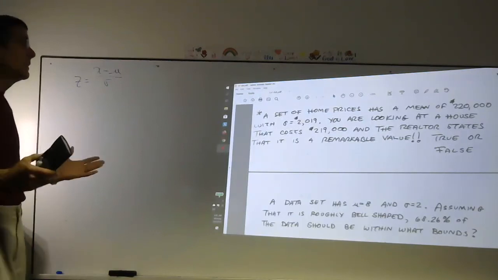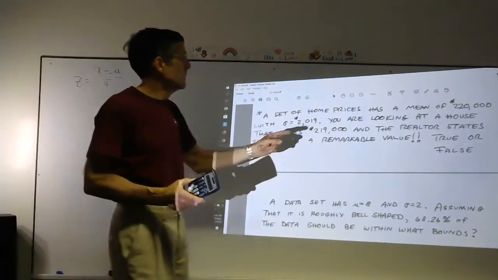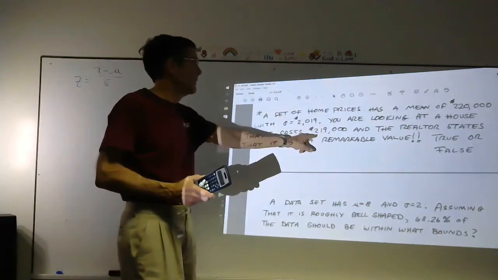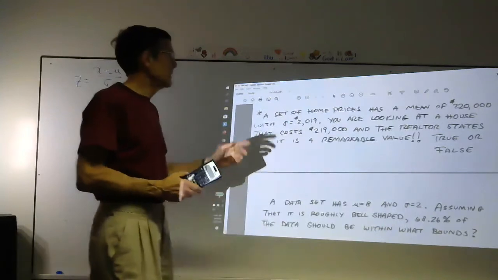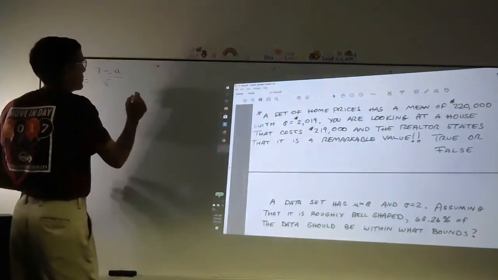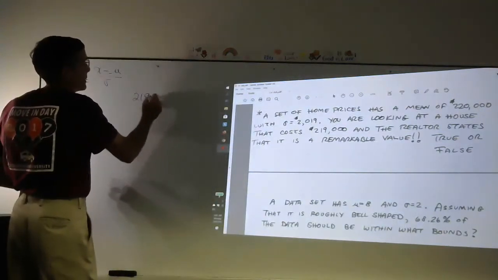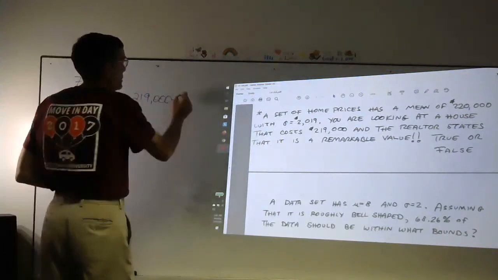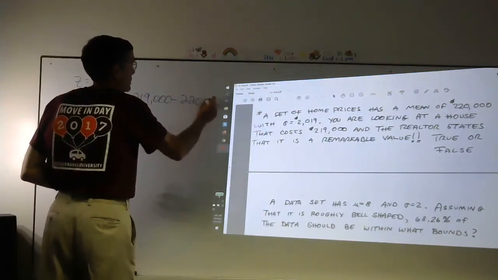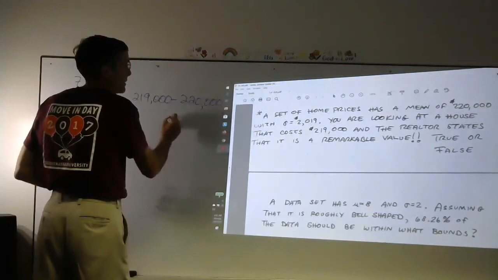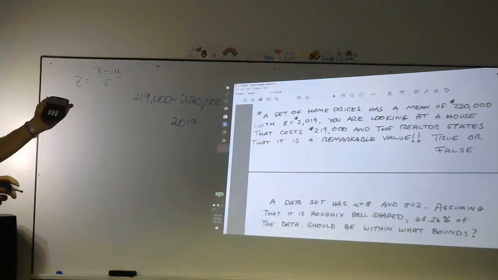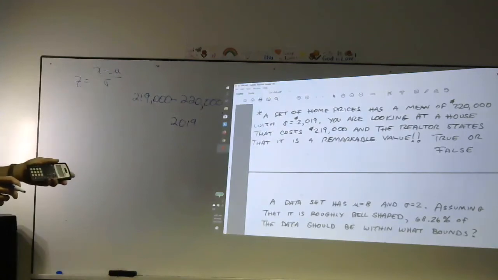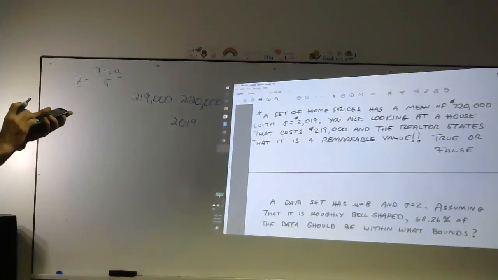Well, let's do what we did. If you know the mean, and here's the data item, this house, we can find the Z value. So let's take 219,000 minus the mean, 220,000, divided by the standard deviation of 2,000, and see what happens. 219,000 minus 220,000 is just negative 1,000.